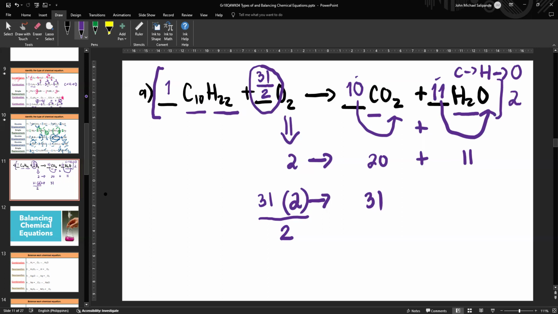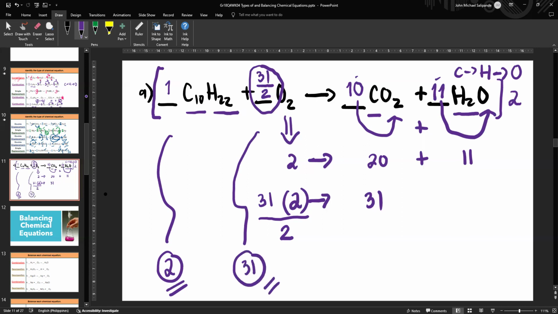So let's start with C10H22. The original coefficient is 1, and then times 2, that will become 2. Next, for 31 over 2 times 2, the new coefficient will now be 31. Now, for CO2, we have coefficient of 10 times 2, we have 20.